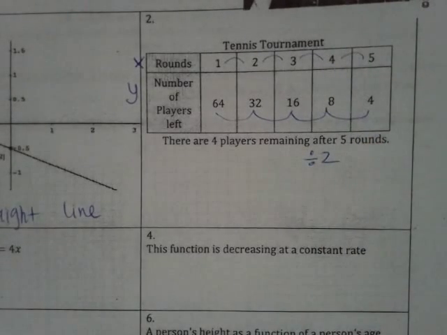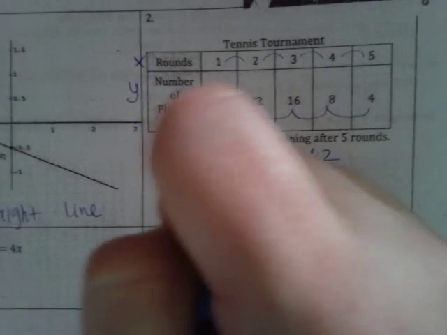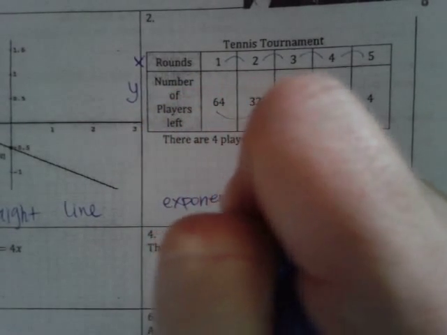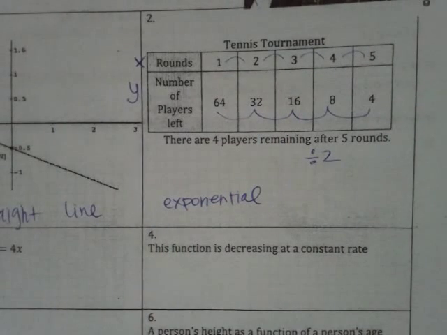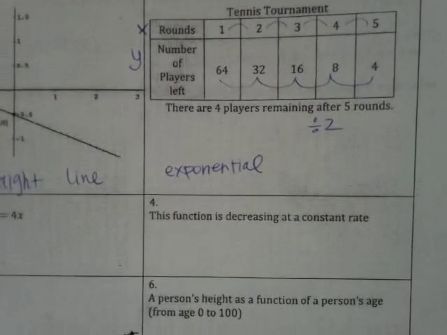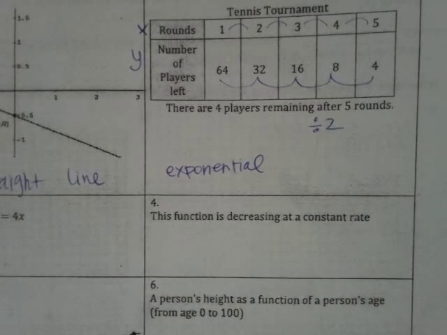So this is my common multiplier, which means it is exponential. Very good. Yes. Because it's decreasing, not at a constant rate, but by a constant multiplier, I would call it exponential. If I'm dividing by 2 every time, it's going to be exponential.